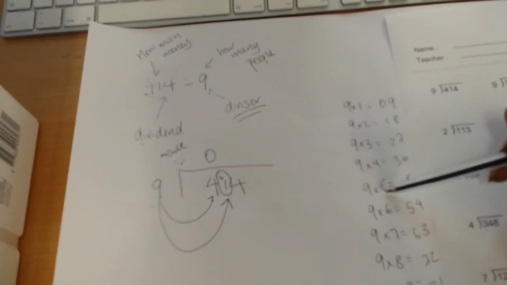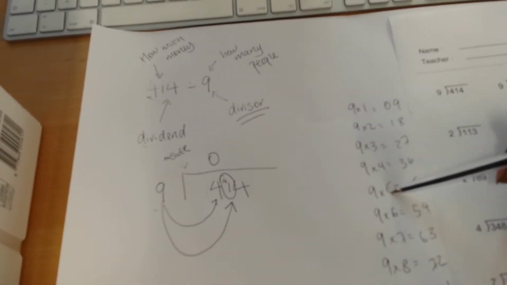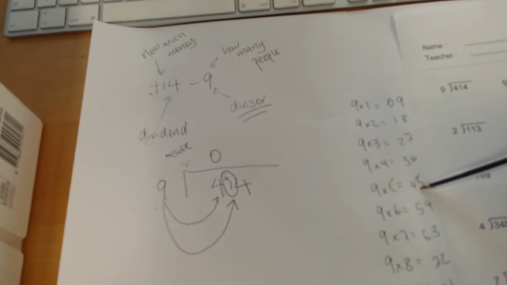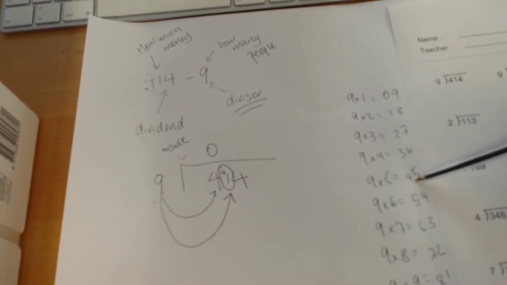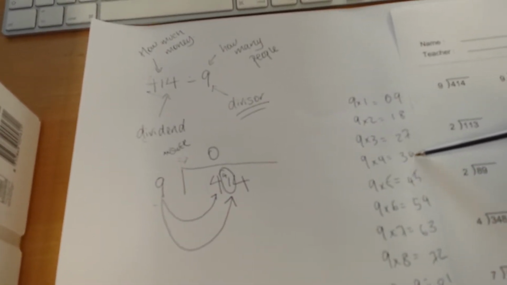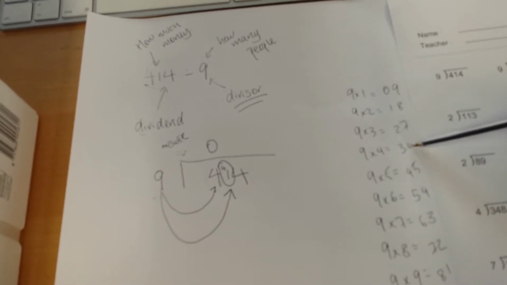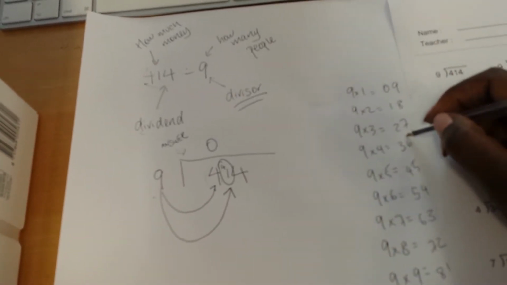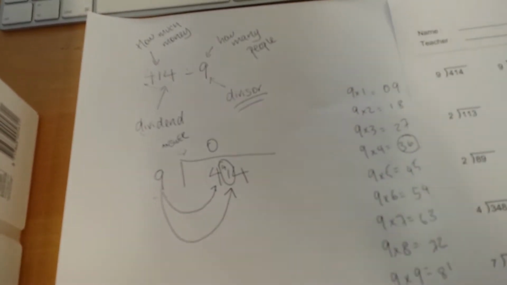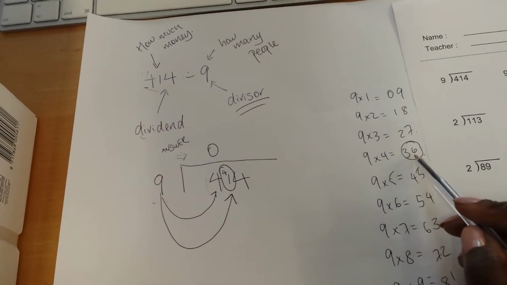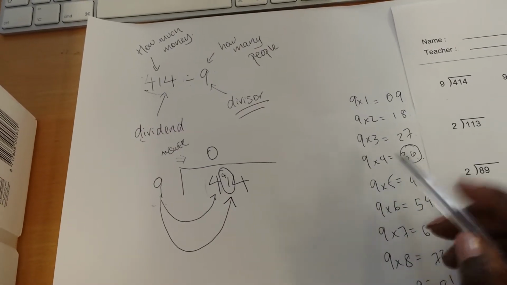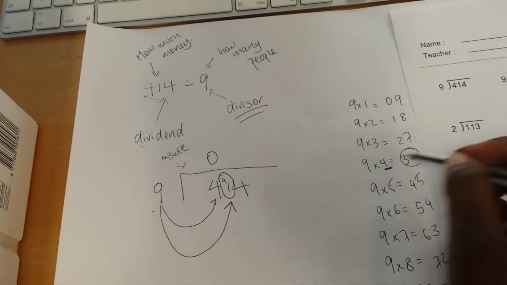It's great that 9 goes into 45 5 times, but that's kind of irrelevant. So I have to go for the thing that's closest to it without going over. So that number is 36. How many 9s are there in 36? The answer is 4.